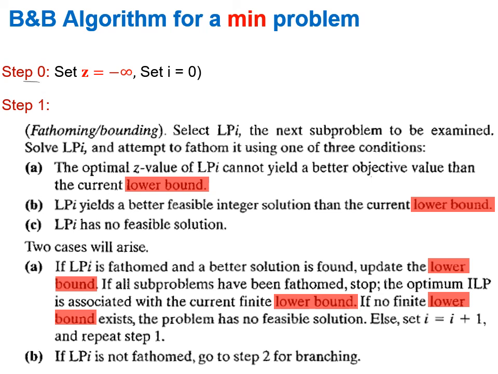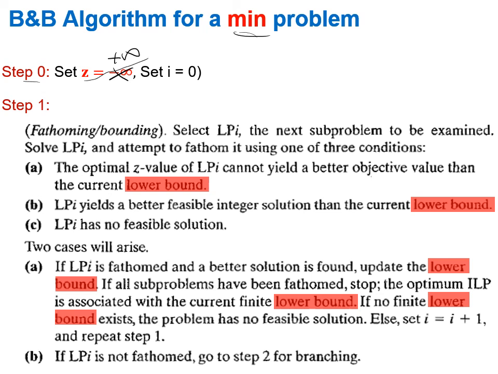In step 0, for a maximization problem, we set z to the worst possible case, which was minus infinity. But for a minimization problem, the worst possible thing is plus infinity. So we set z equal to plus infinity for a minimization problem.